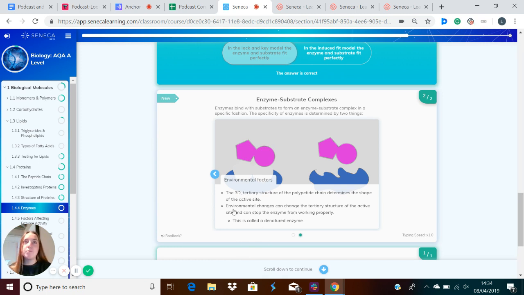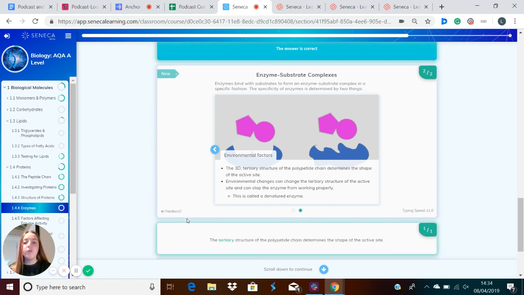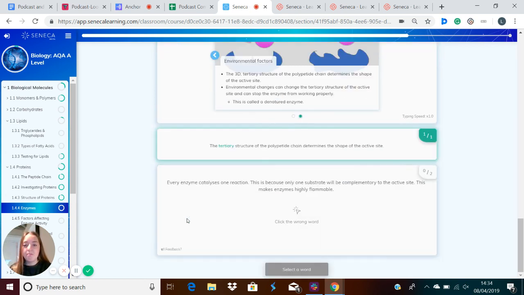For example, if the temperature is really hot, this can cause bonds to break, and this will then affect enzyme structure. And pH changes can also have a similar effect. And if all the bonds aren't there, then their structure is different, and that would change the shape of the active site. So the substrate can no longer fit properly into that active site.